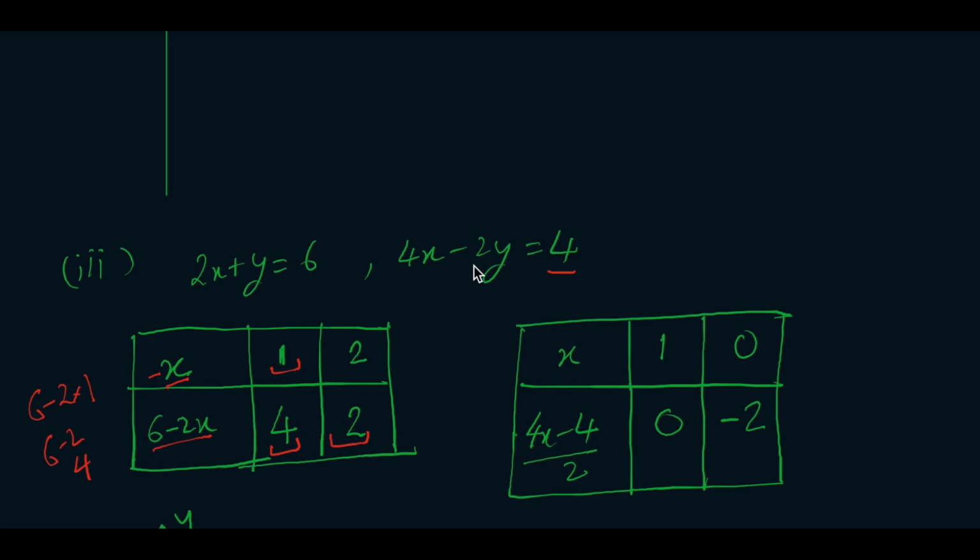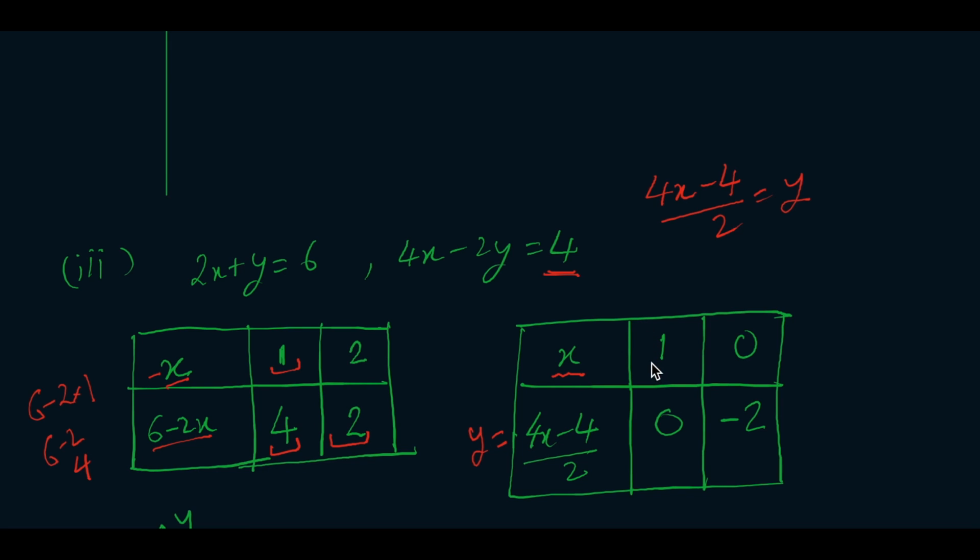Now our second equation is 4x minus 2y equals 4. So we will take a value of x, and the value of y will be 4x minus 4 divided by 2.